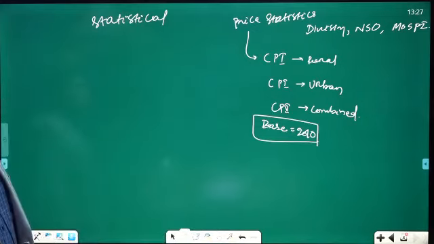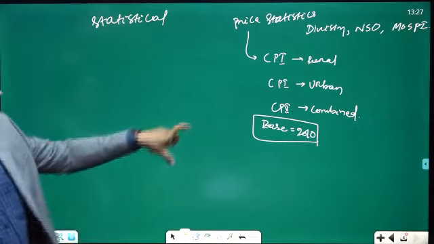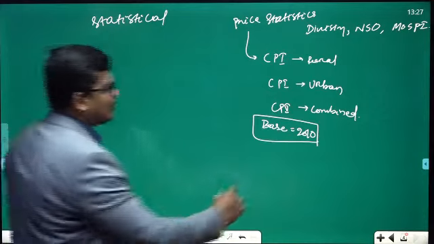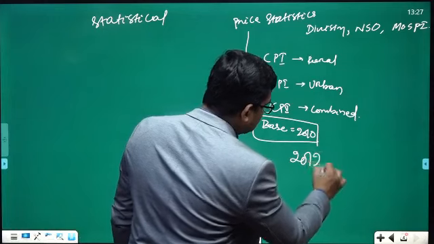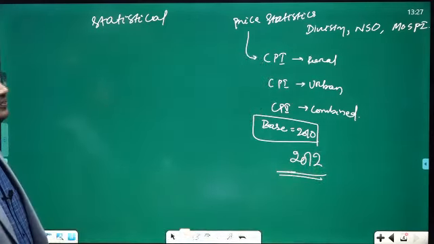So this particular division publishes this data, rural, urban and combined, with base year 2010, and recently this has been revised to 2012. Earlier it was 2010 and now it has been revised to 2012.